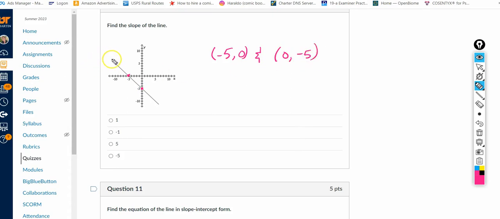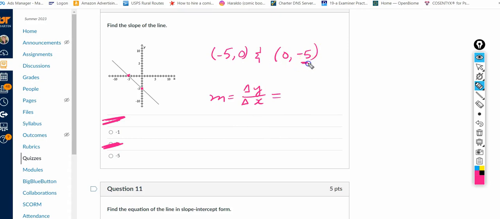Now, again, as I move from left to right, I'm going downhill. So the slope is going to be negative. So I can immediately rule those out. Okay. So the slope is going to be the change in y over the change in x. And so again, it doesn't matter what order you take them from. So once you write them down, this is the first, that's the second.